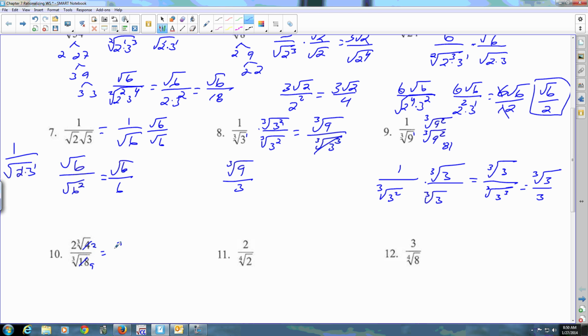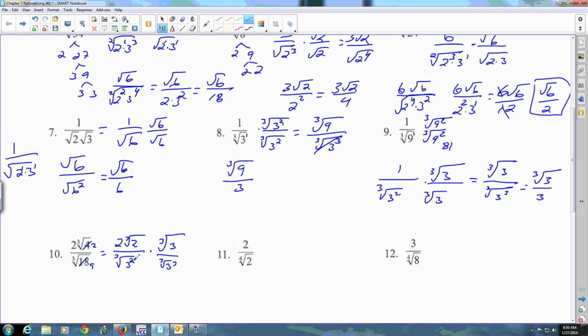So that becomes 2 cube roots of 2 over the cube root, and that's going to be 9. I might as well just prime factor it, 3 squared. So what I need to multiply it by is the cube root of 3.